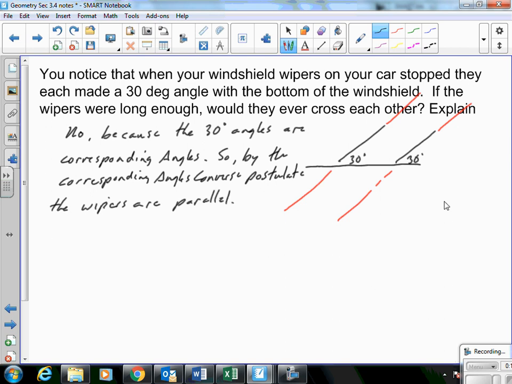So basically, since the corresponding angles are congruent, the lines, being the wipers, have to be parallel to each other.